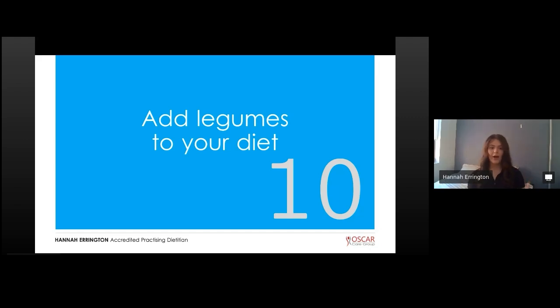And meat-free Mondays are a really big trend at the moment. So I know I've talked a lot about plant-based foods today. You don't have to be on a vegetarian or vegan diet in order to have good gut health. It's just about making sure you are including a nice variety of plant-based foods in your diet. So meat-free Mondays is a big trend at the moment, where on Mondays people don't eat meat, and it forces them to find some more creative ways to include things like legumes in their diet.